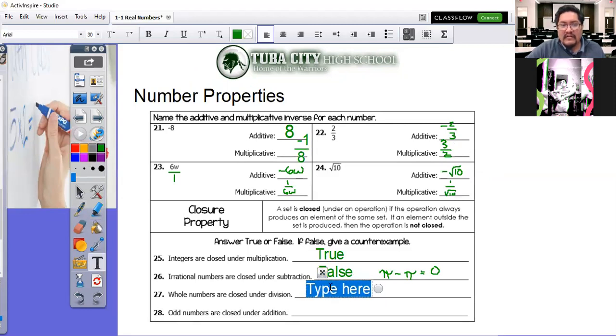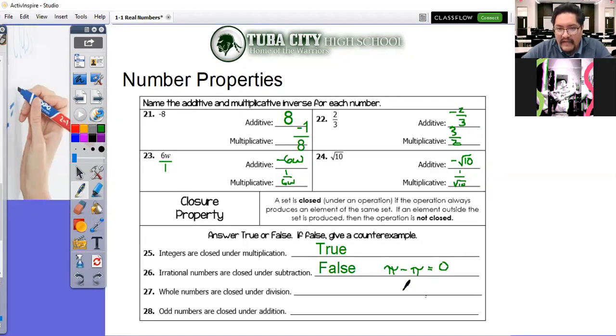Whole numbers are closed under division. So if I have a whole number divided by a whole number, can I get something else? Can I get a non-whole number? Let's go with 2 divided by 3.